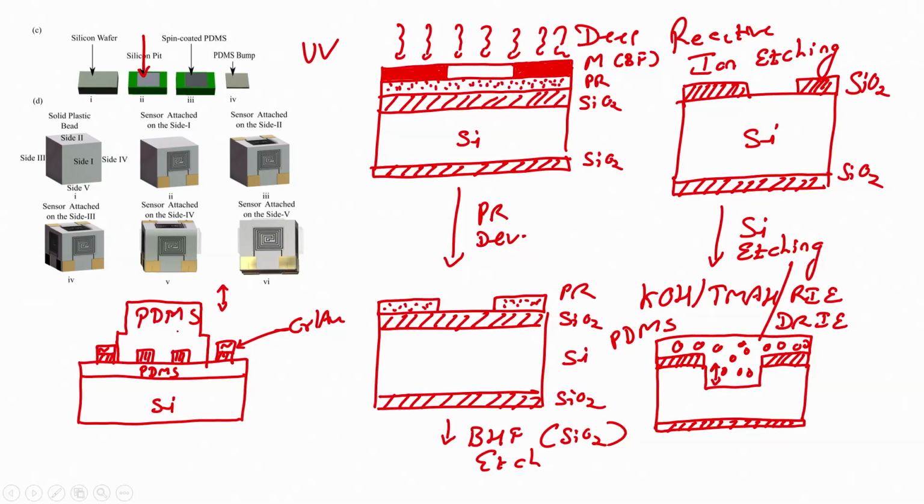Right, the PDMS I am sticking on it. Now, after that I will peel off this PDMS. So, what will I have? PDMS with strain gauge with chrome and gold contact pads and a bump.